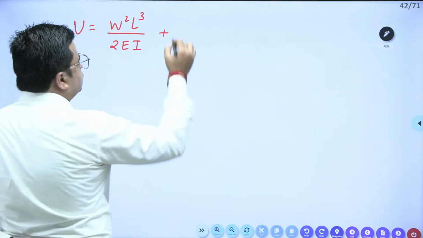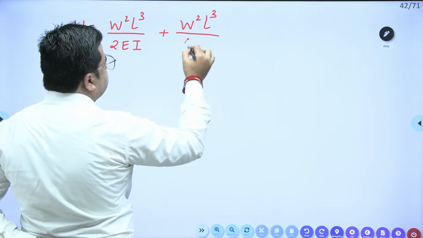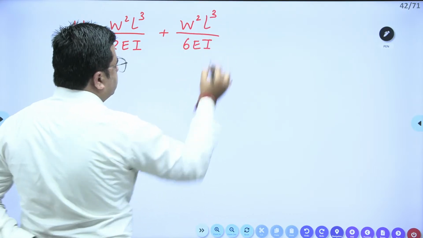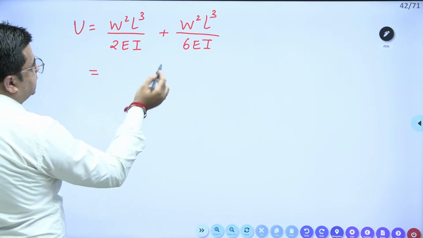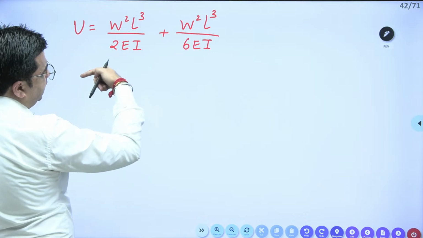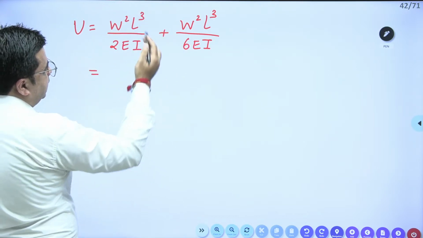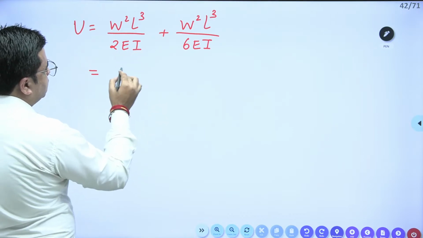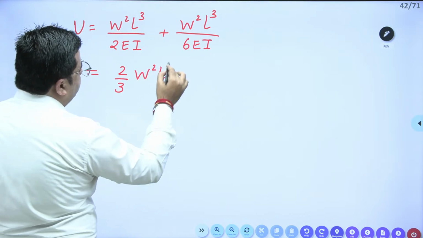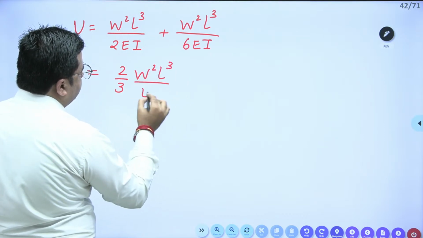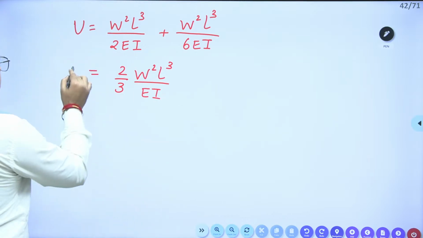Just add these two: 1 by 2 plus 1 by 3 is 5 by 6... so this will be 2 by 3 times W square L cube upon EI. This is the total strain energy.